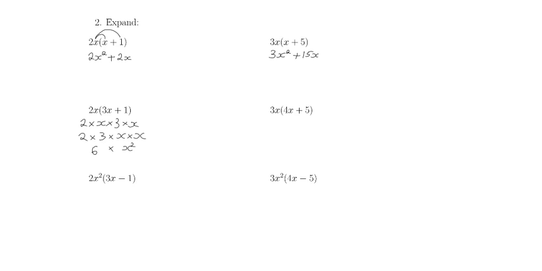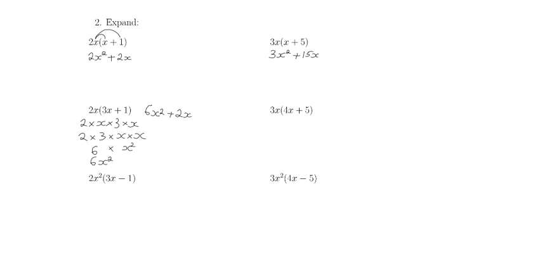We can leave out this multiplication symbol and just write that as 6x squared. Okay, so we've done 2x multiplied by 3x and we got 6x squared. In order to get the final answer, we're going to have to do 2x multiplied by 1 and add that on. So the final answer will be 6x squared add 2x.